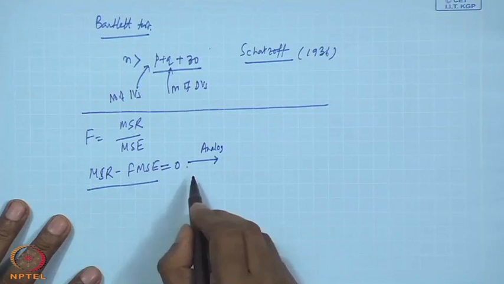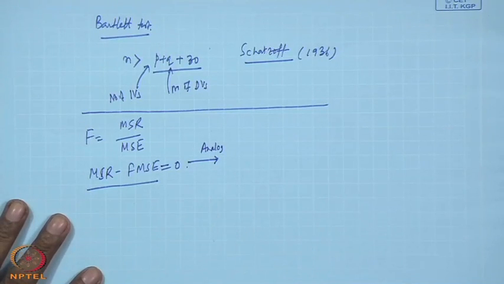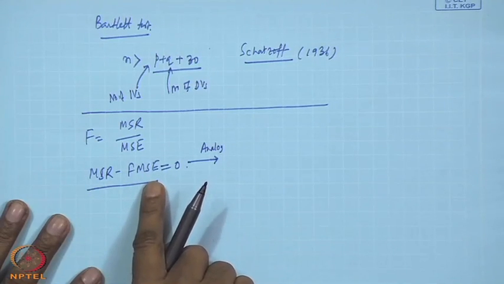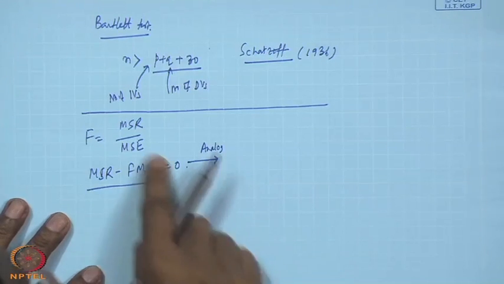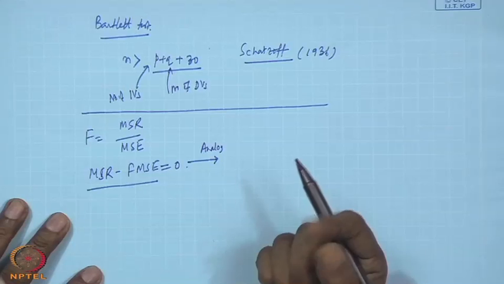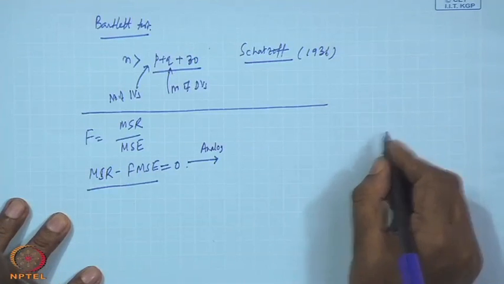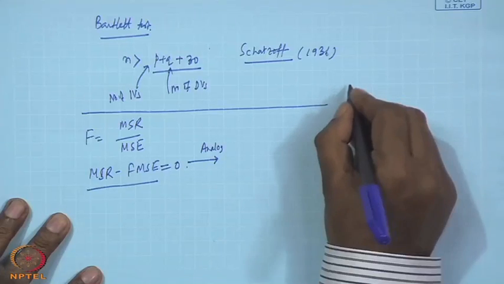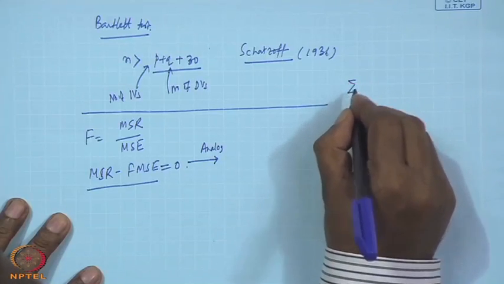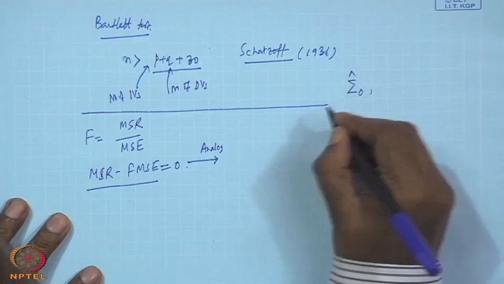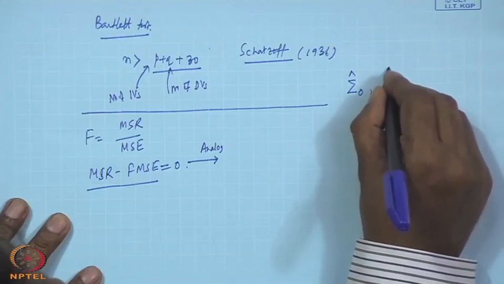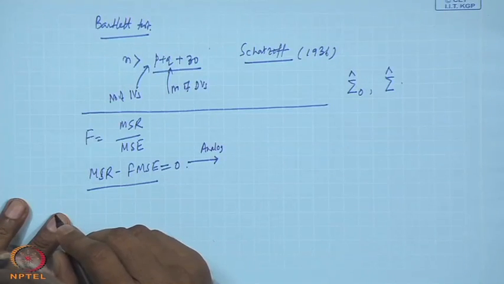Okay. In the multivariate domain you will not get scalars. MSR and MSE are all scalar quantities in MLR, multiple linear regression, but in MBLR you will not get this; you get the SSCP matrix. Under H0, beta m equal to 0, we found two things: under H0 you found out this SSCP, and under the full model you found out this one. Okay.